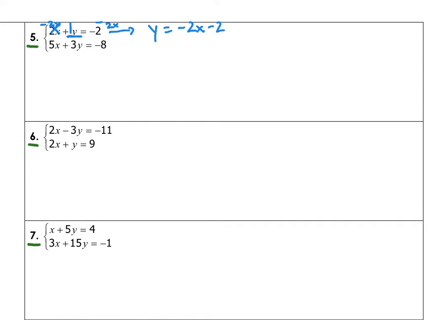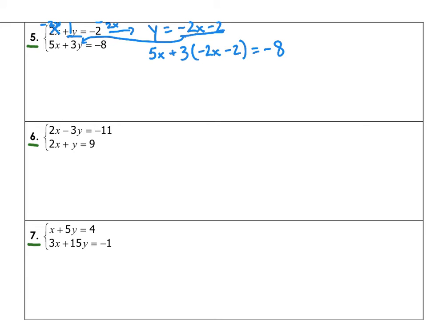If that's the case, then I can take this y equals negative 2x minus 2 and plug it into this bottom equation for y. Then my equation becomes 5x plus 3 times that negative 2x minus 2, and that all equals negative 8.